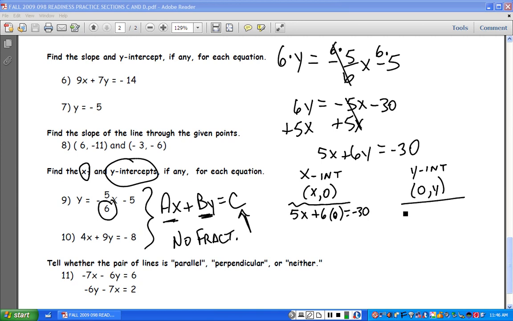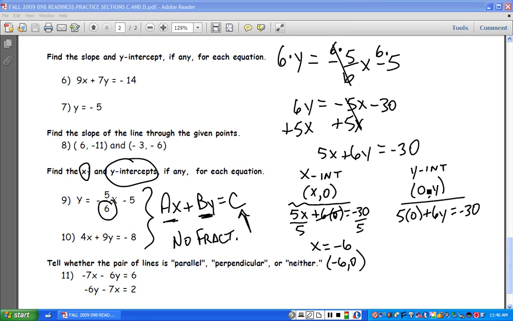So if my x is 0, I'm really looking at 5 times 0 plus 6y equals negative 30. Now, for the x-intercept, 0 times anything is just 0, so that'll cancel, and you're left with 5x equals negative 30. So divide both sides by 5. X would equal negative 6.